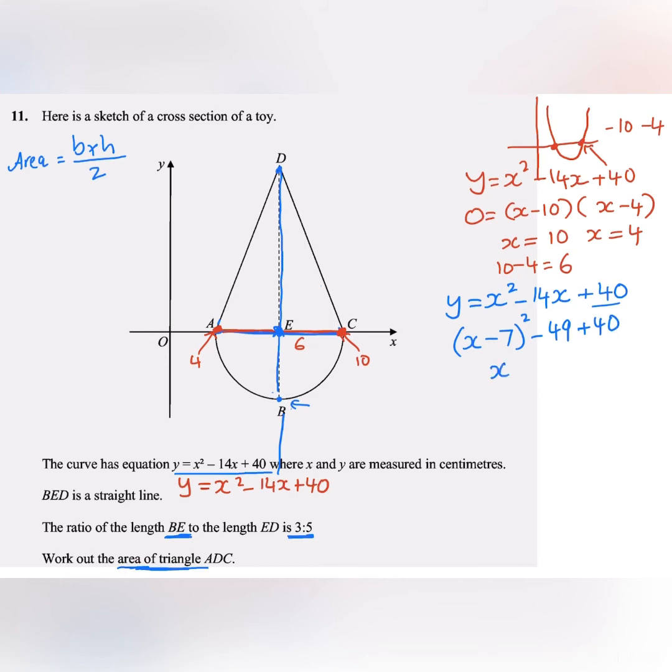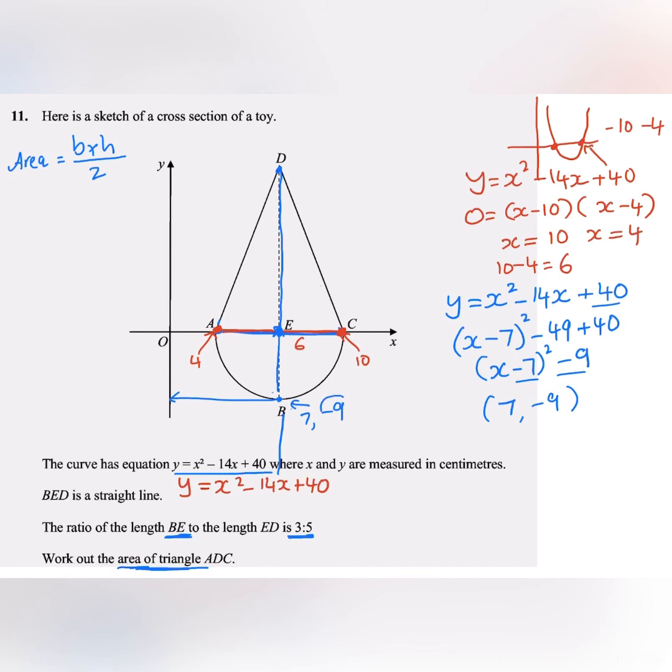So x take away 7 squared, and we have minus 9 over here. So the coordinates for the minimum point would be 7 and negative 9. Now that is a good sign, because if you look here, this section is in the negative part of the graph. So this point B is 7 and minus 9, the coordinate.